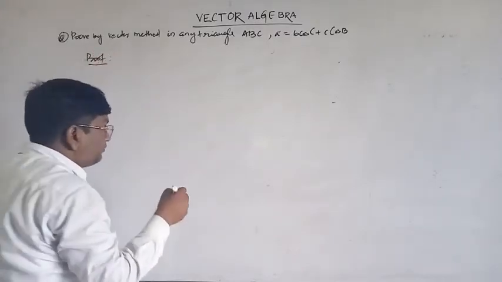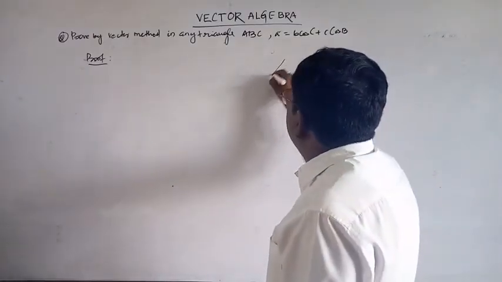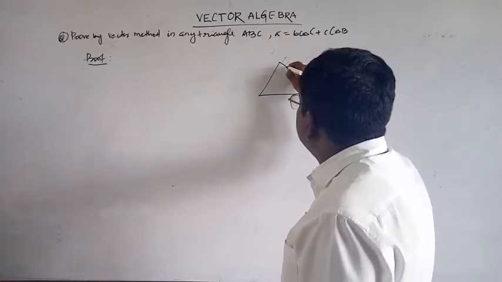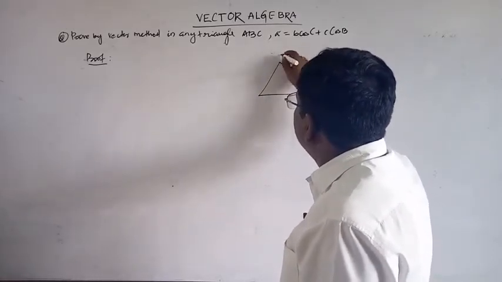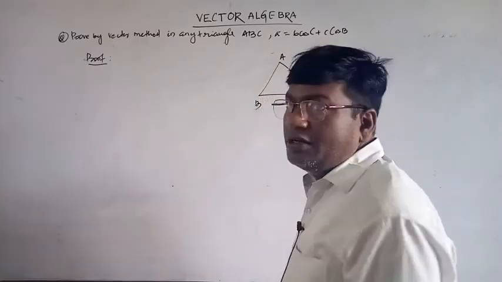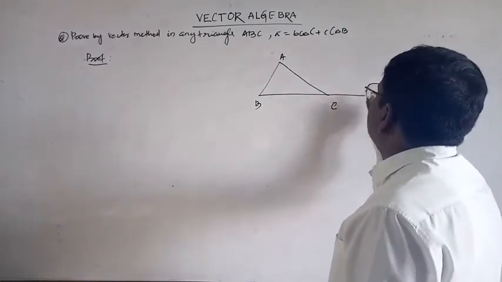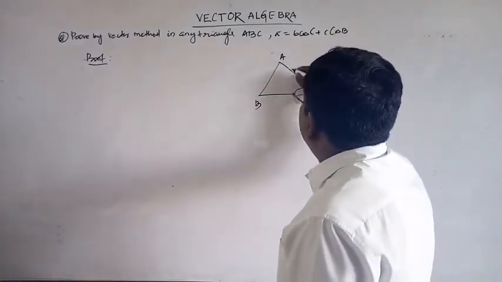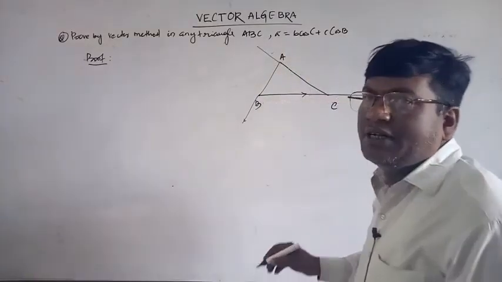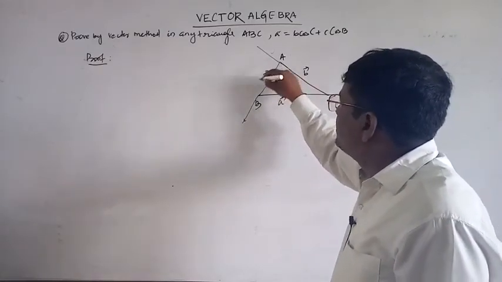Proof: suppose this is triangle ABC. This is A, B, C. Clear? And extend this, and extend this. Suppose this is A vector and this is B vector and this is C vector.